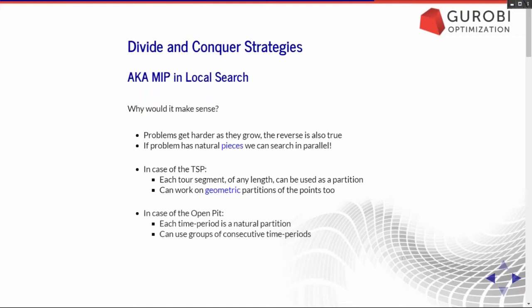And in the case of the open pit, a natural piece to have in that model will be time. I mean, you're working over time. So what you could do is, okay, you can fix a given solution for times 3 onwards, but re-optimize the problem to see if I can improve only looking at what I'm doing right now in times 0, 1, and 2, or something like that.